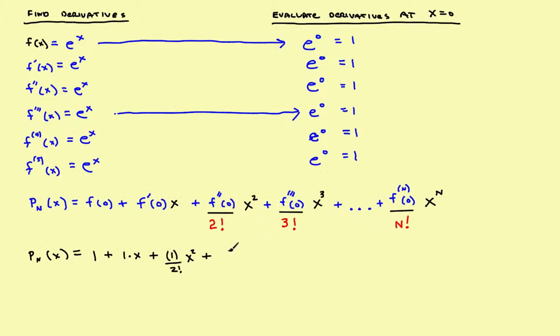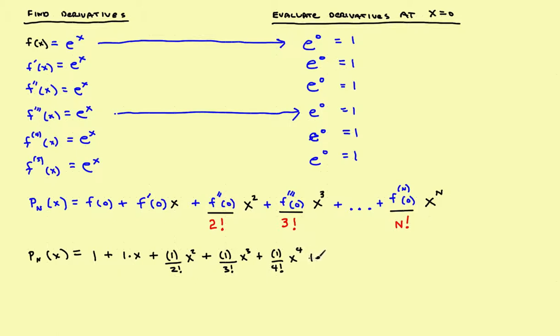Again, they're all 1. So first of all, the third derivative is 1. So you've got a 1 there, divided by 3 factorial times x cubed, plus, now we'll go to the fourth one, which is also a 1, divided by 4 factorial times x to the 4th power.